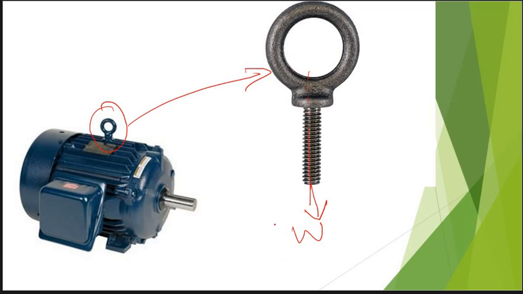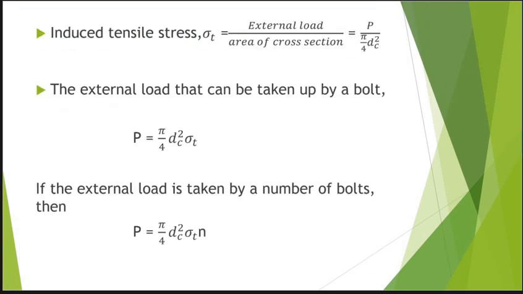Now we can check what formula can be used for finding this induced tensile stress. The induced tensile stress is denoted as sigma T. Sigma T is equal to external load divided by area of cross section of the threaded portion.